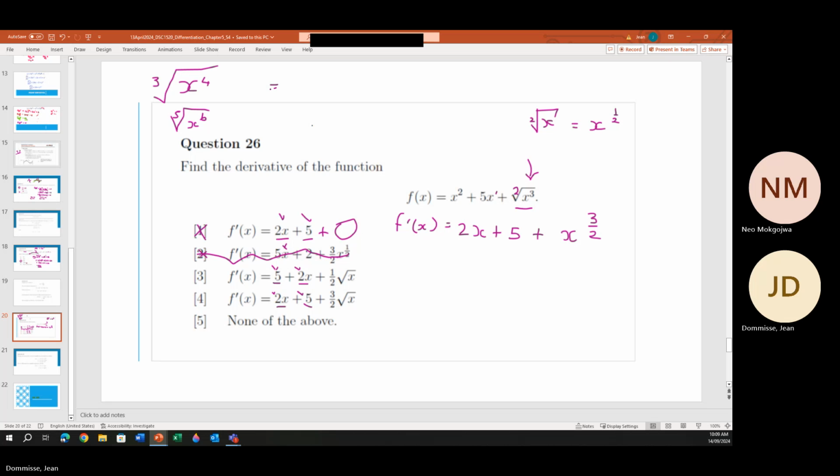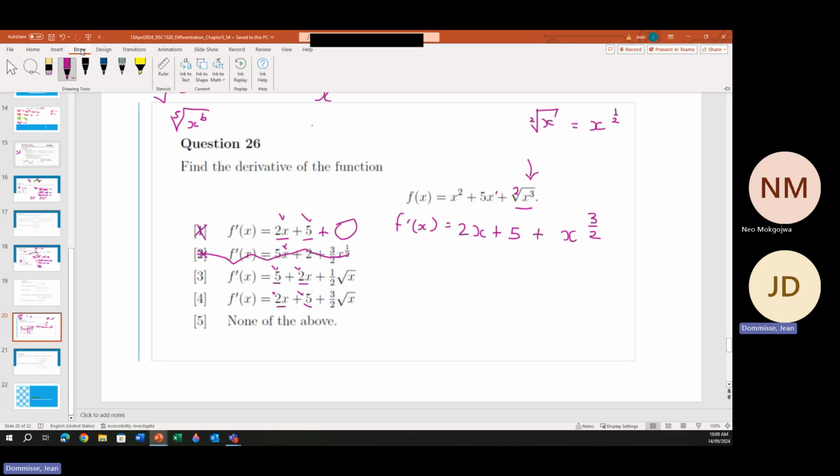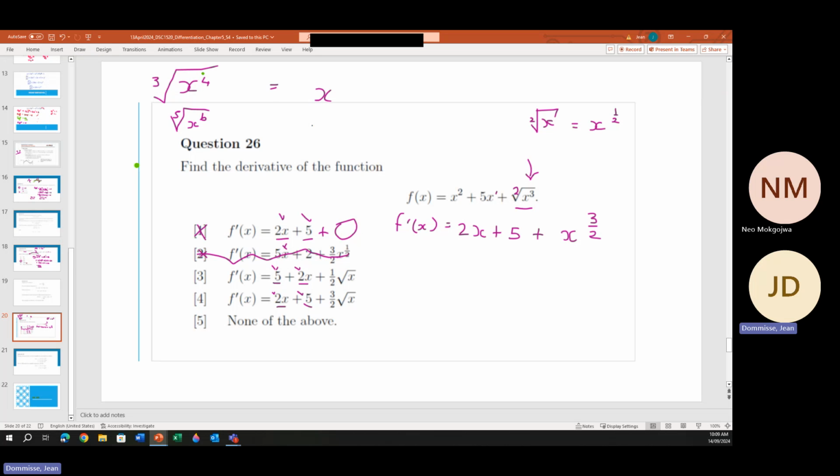So what happens is, and how I see it, to make it much easier for myself to look at it, is I see it as 4 divided by 3.